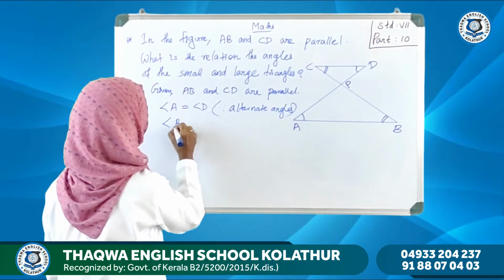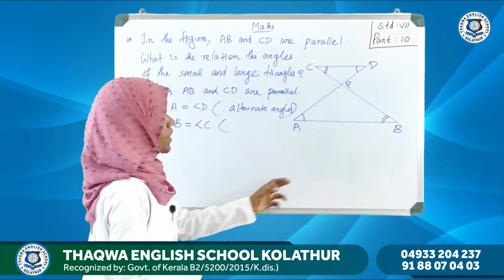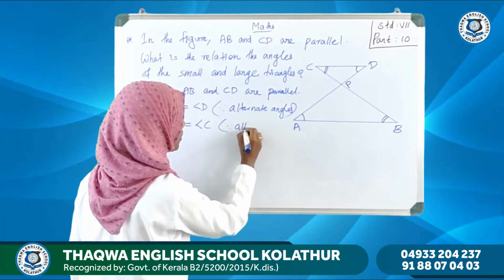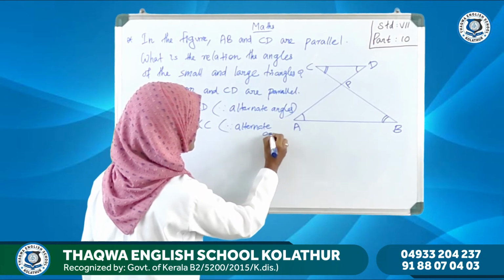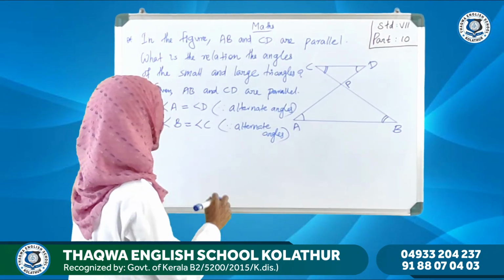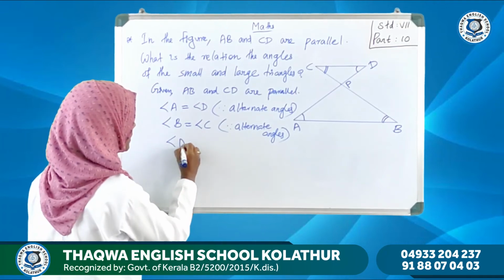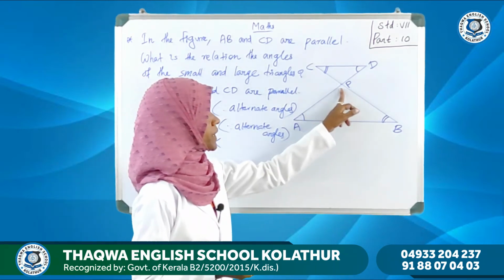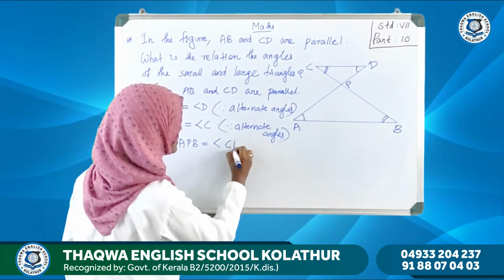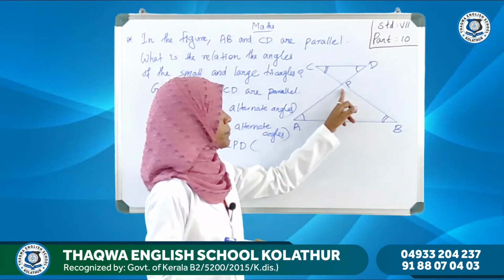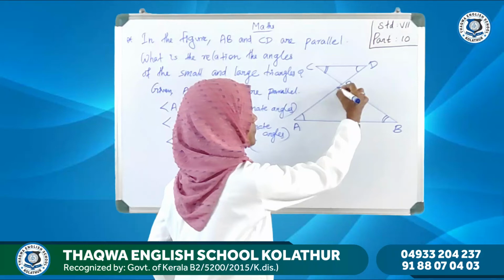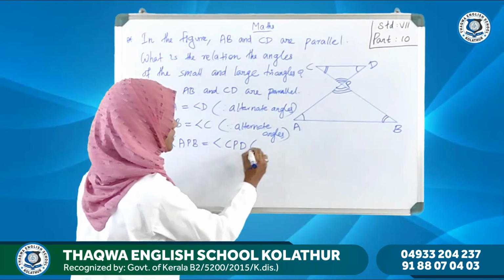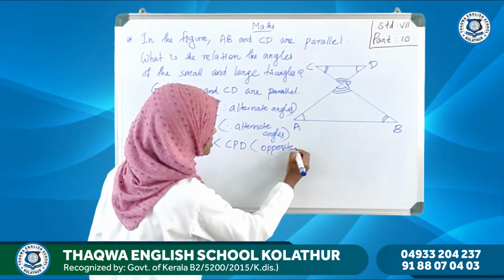Next, angle B equals angle C. They are also alternate angles. Okay. Next, angle APB equals angle CPD. What is the reason? Yes, they are the opposite angles.